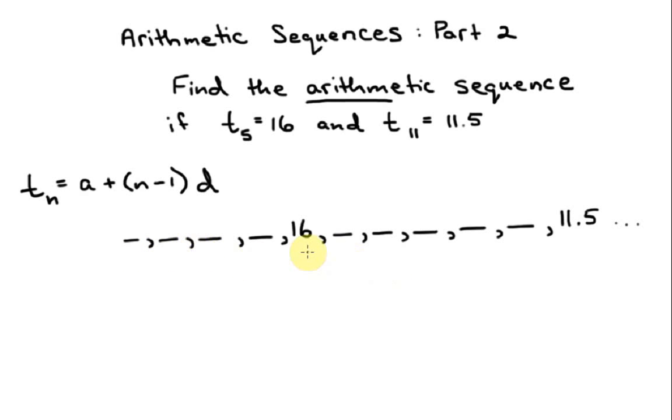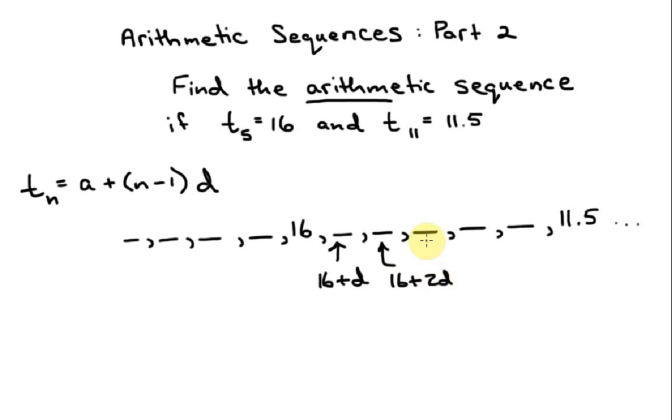So the key to the whole thing is it's arithmetic, and I have to leapfrog my way along from 16 all the way up to 11.5. Well, let me just show you how this works. To get to the next term, I know that's 16 plus one common difference. To get to the next term after that, that's 16 plus two common differences, and so on.